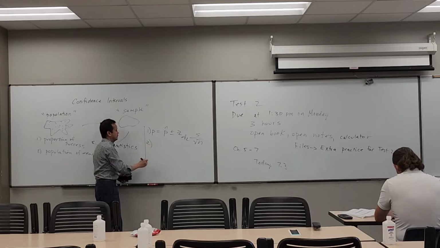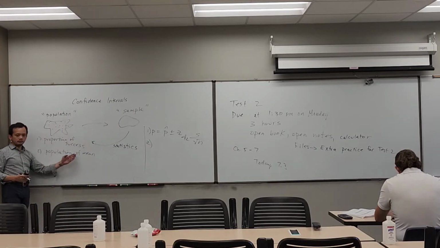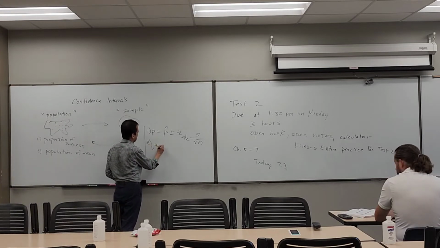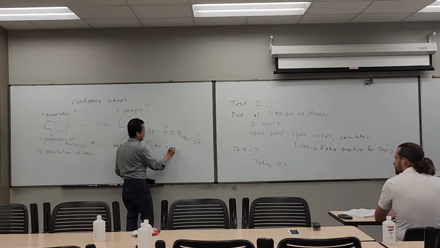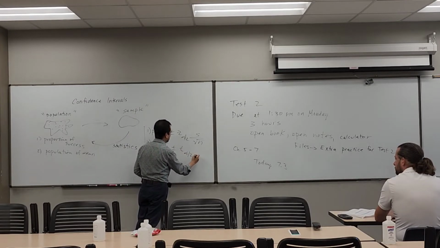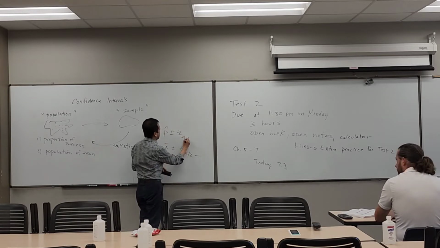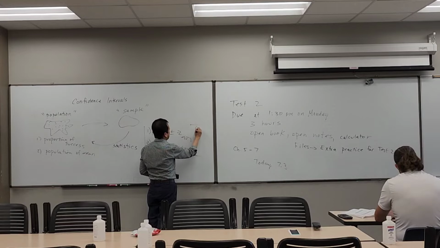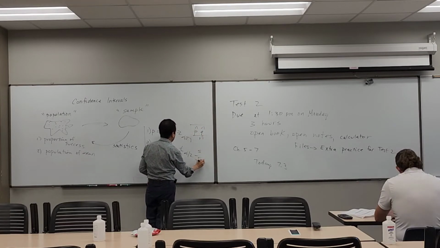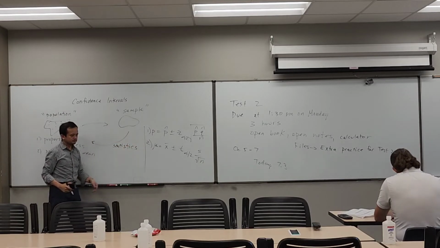And likewise, if you have a sample and you want to find the true population mean of all the values, then there's another formula. So that's if you wanted to find the population mean, that's another formula.